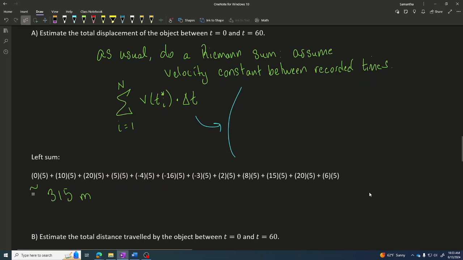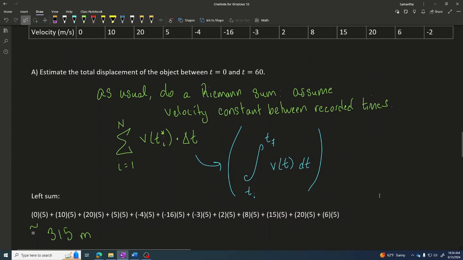As usual, if we have a lot of data, this sigma stretches out into an integral symbol from whatever is your initial time to your final time. As usual, if you have a lot of data, this v of ti star transforms into simply v of t, with no i and no star anymore. And additionally, if you have a lot of data and the space between your data is small, this delta t transforms into a dt.